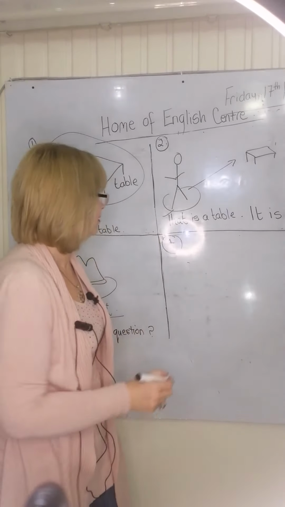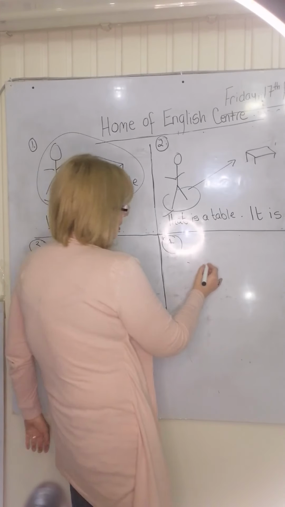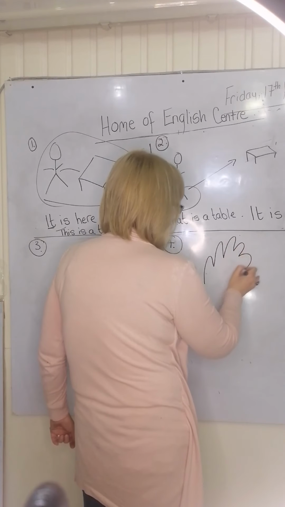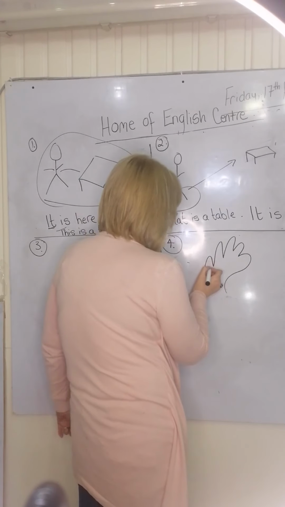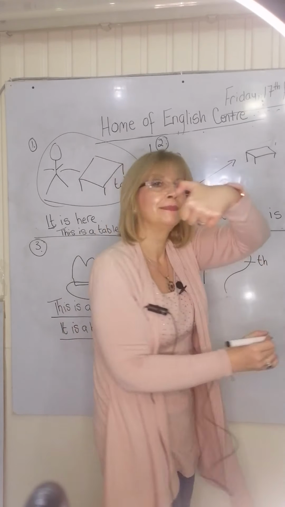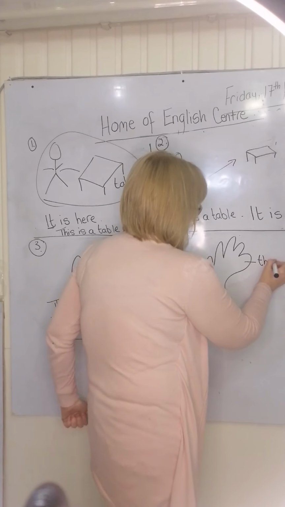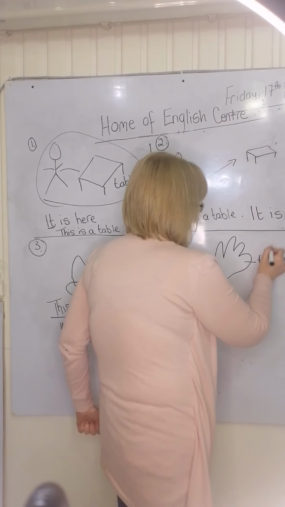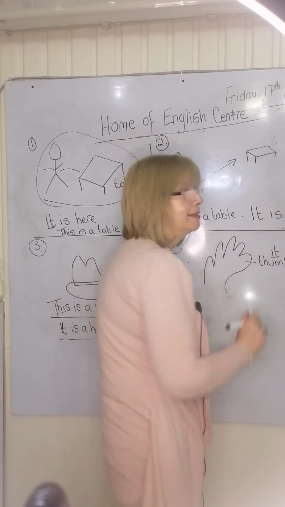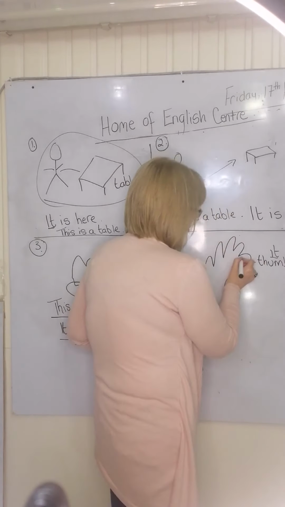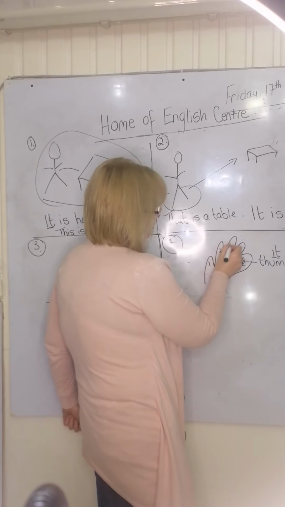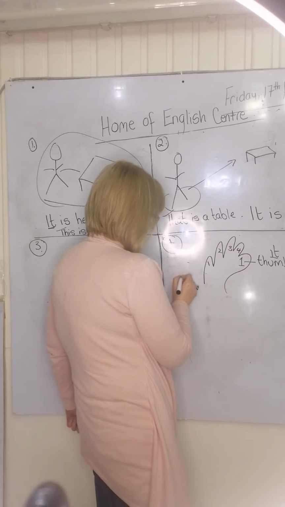These are fingers. So if we just put a quick drawing of a hand here, something like that. So here is the thumb. It is a thumb. It is, because there's one. 1, 2, 3, 4.